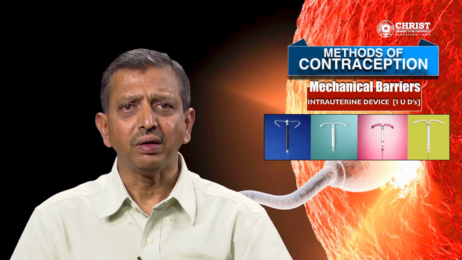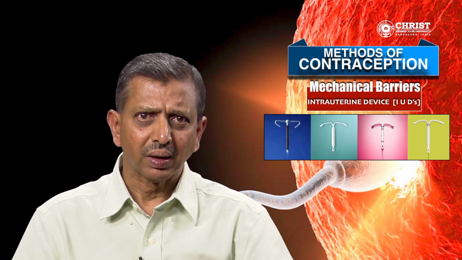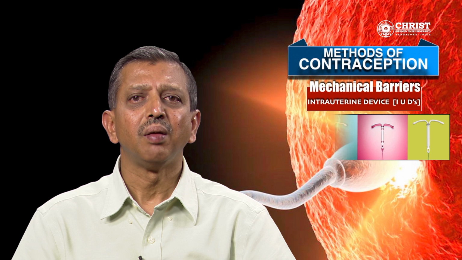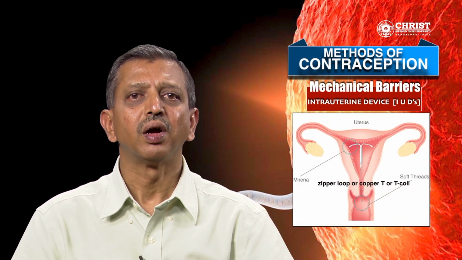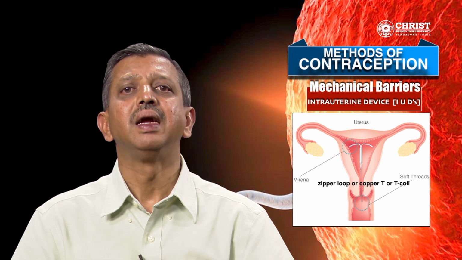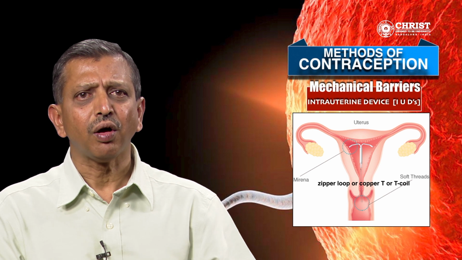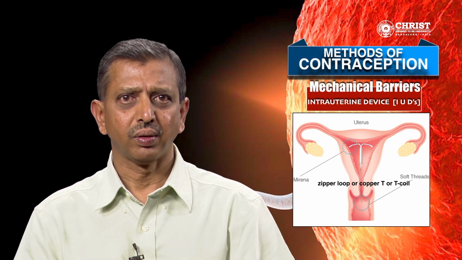Intrauterine foreign bodies are known to interfere with reproduction in all species. The device may be in the form of zipper loop or copper T or T coil, etc. It is a reliable method of birth control and widely used.